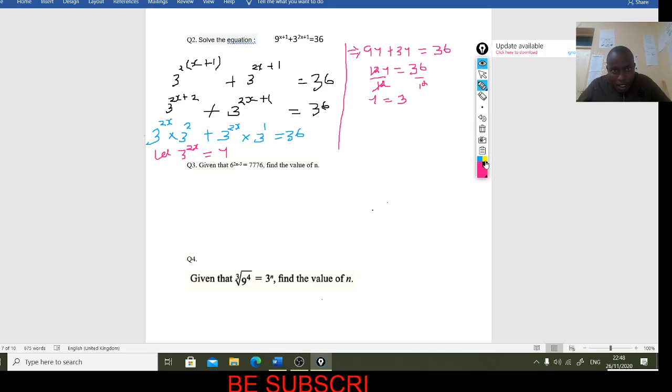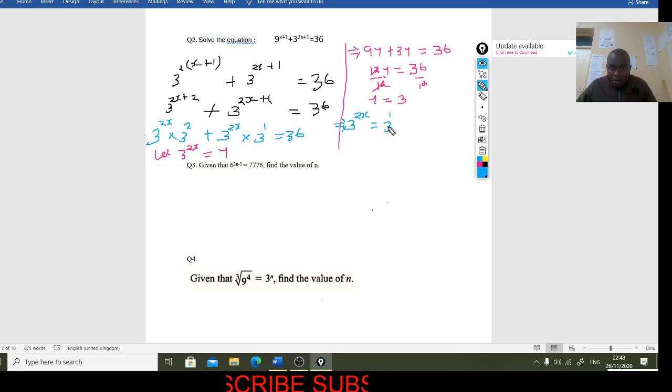That tells you that I substituted 3 power of 2x, that's what it means. It implies that 3 power of 2x equals y, which is 3. 3 is the same as 3 power of 1. 3 power of 1 is 3.